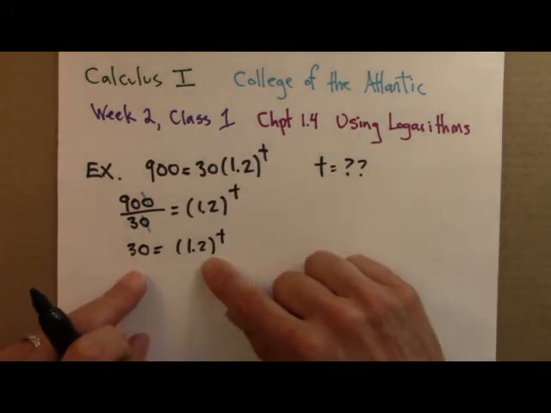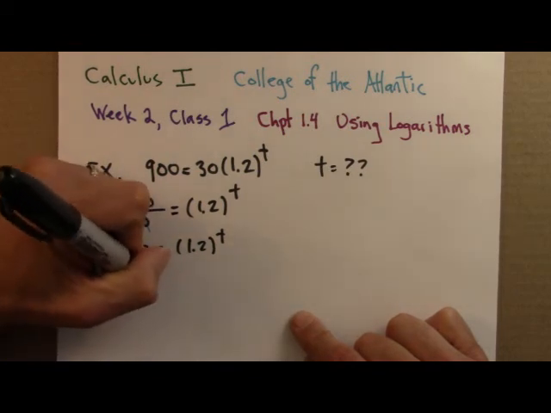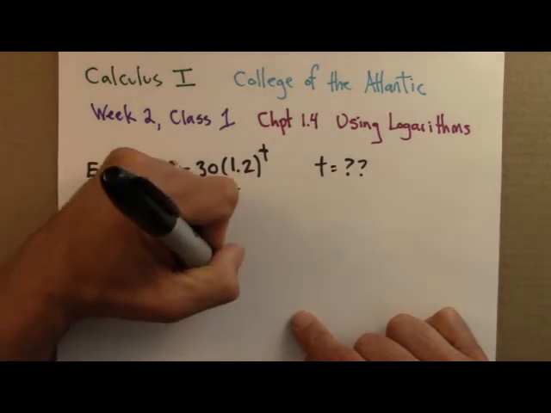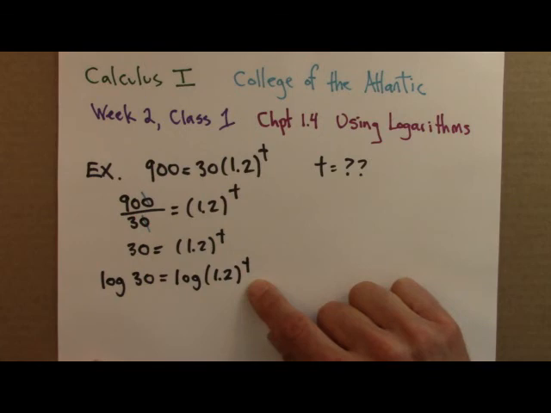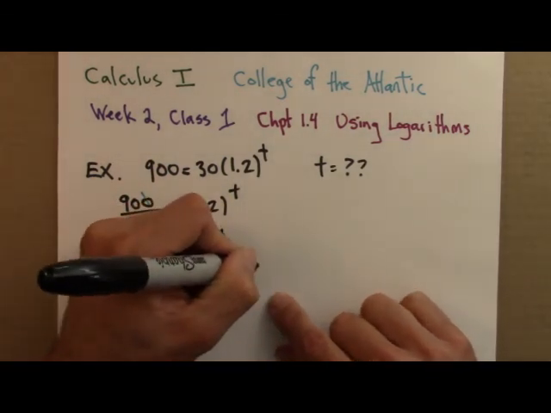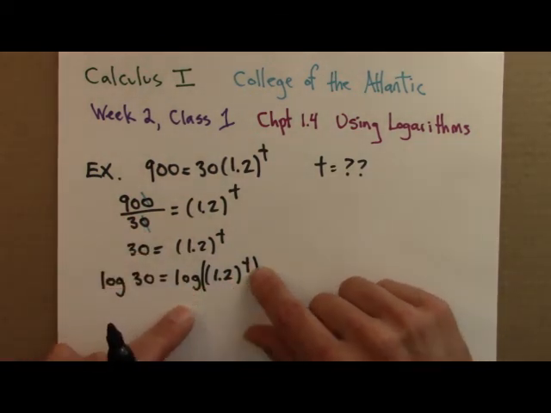So now I'm going to take the logarithm of both sides of this equation. So log 30 equals log of 1.2 to the t. I should probably put another parentheses in there. So it's log of 1.2 to the t.